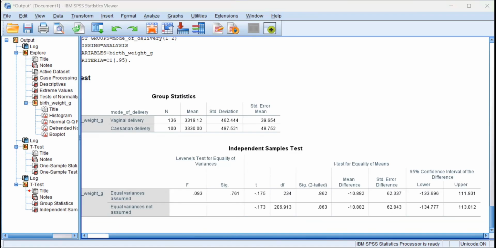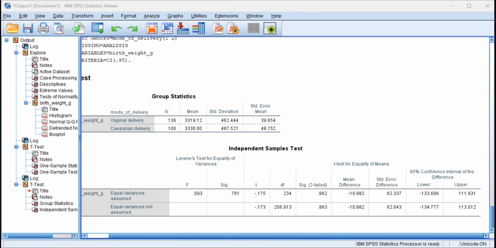Hello. Please, can you explain that again? This equal variance assumed. I'm saying that equal variances assumed means that you are treating the two groups we have here, the group that were born normally and the group that were born through CS, right? So they are assuming that they have the same or almost the same variance.